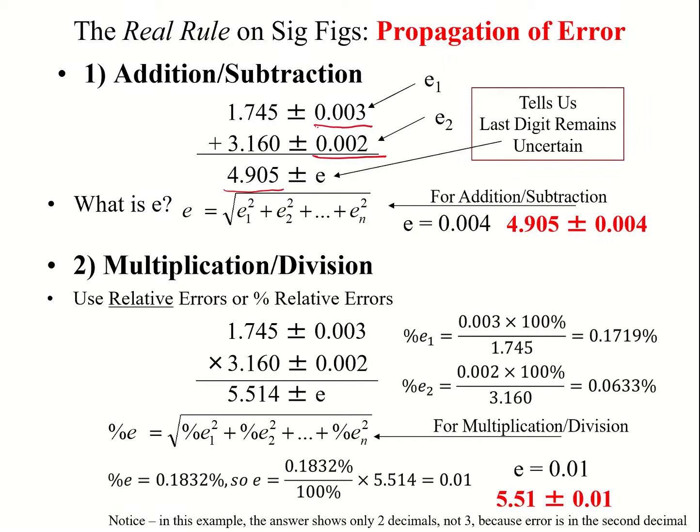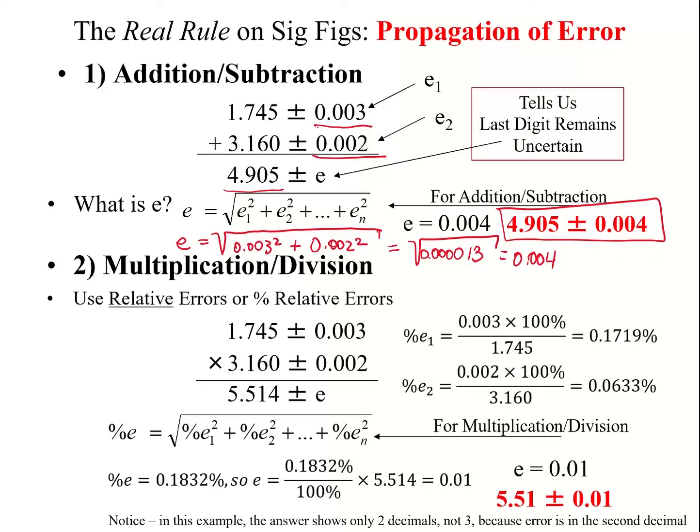So if I plug in my experimental uncertainties here, 0.003 squared plus 0.002 squared, I get the answer as the square root of 0.000013, and this is equal to 0.004. So the final answer is 4.905 plus minus 0.004.